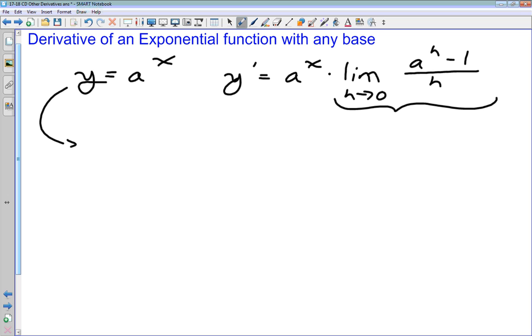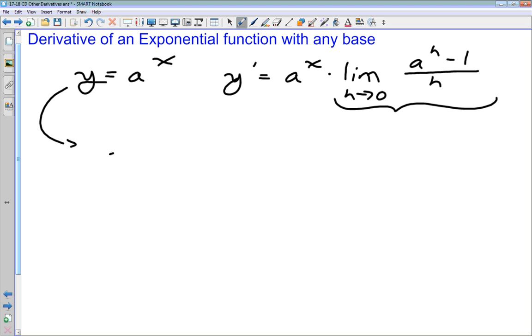Once again, we're going to start with the derivative rules that we've already learned and see if we can use them. Now, what I'm going to do here is rewrite this function by using a little trick.